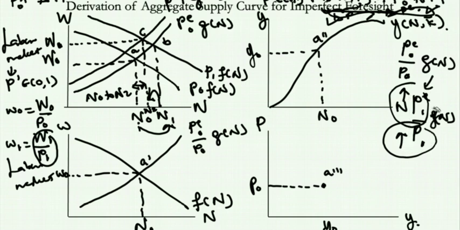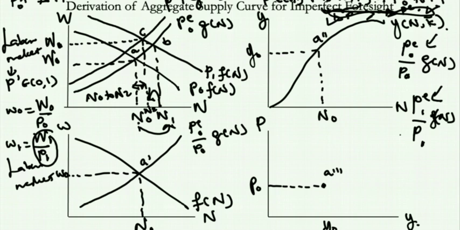Let me use this. Okay, so initially this one, isn't it? Now it becomes this. Remember, the proportion of change of actual price is bigger than the proportion of change in expected price. So obviously this ratio will not be equal 1 to 1.